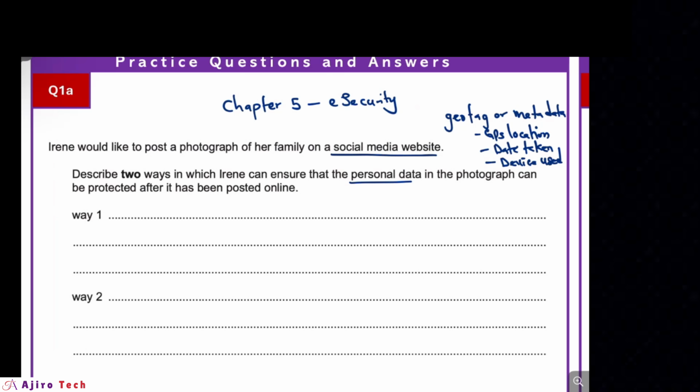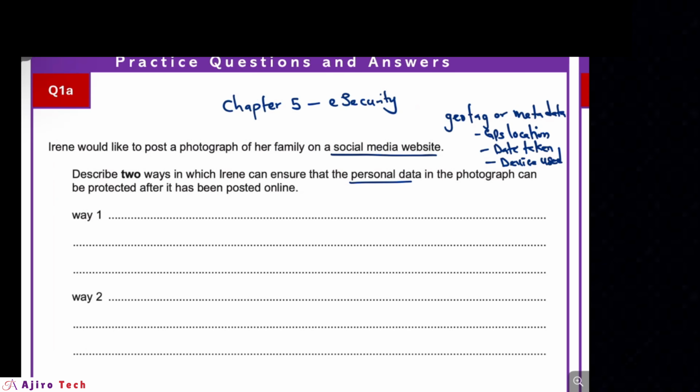If she's posting a photograph, and a criminal accesses that information, what is going to happen? They will discover where Irene lives or where the photograph was taken. So we want to find a way to ensure that her personal data in the photograph can be protected after it's been posted online.